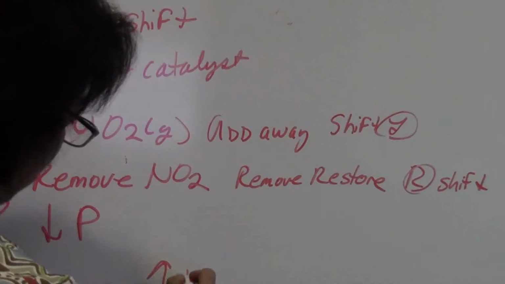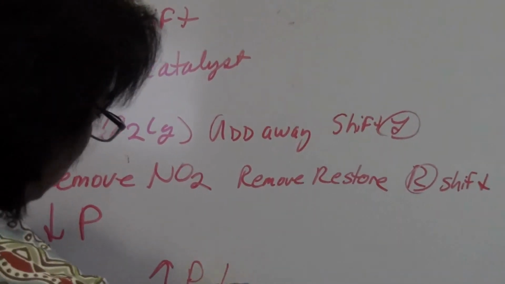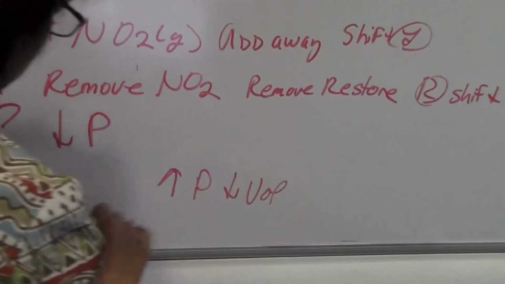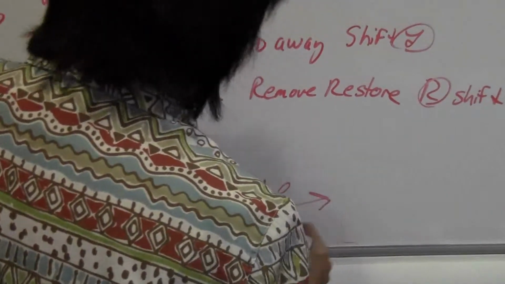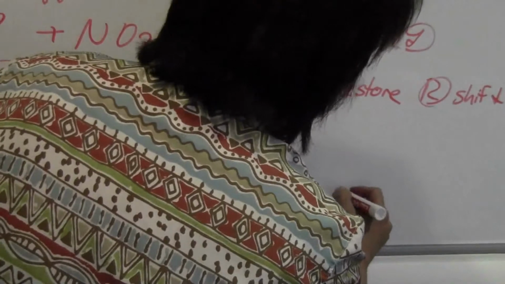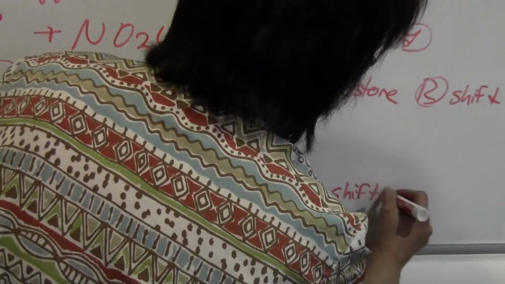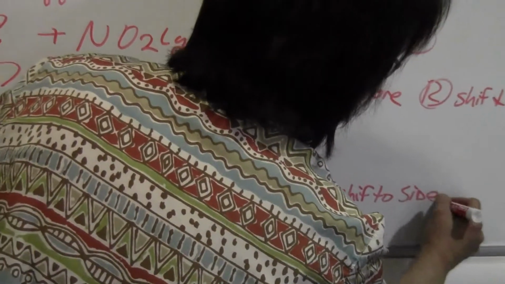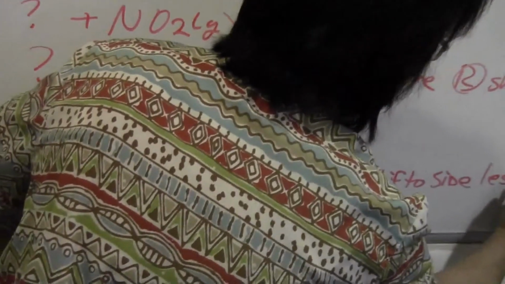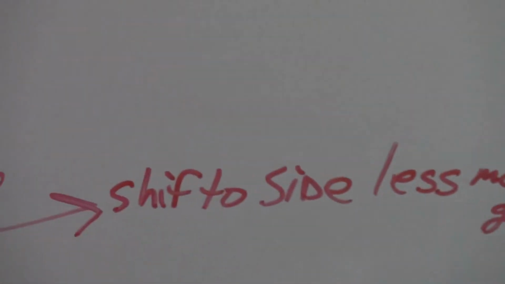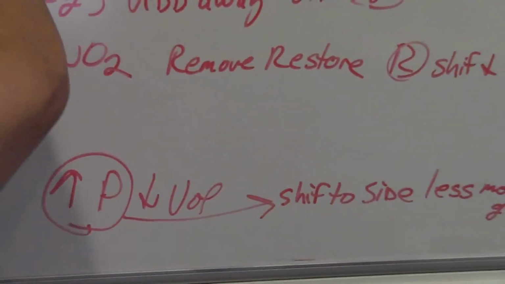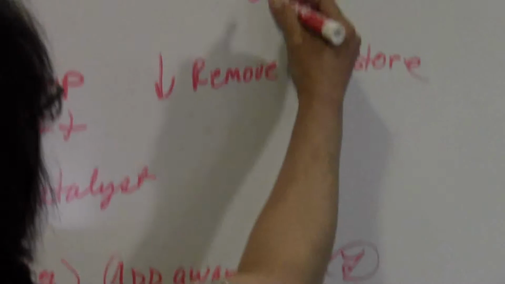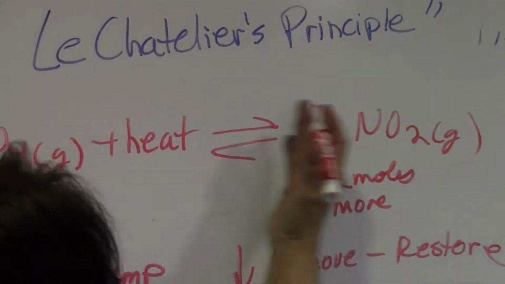And they want to know, what if you decrease the pressure? Remember, increasing the pressure happens when you decrease the volume. And if you increase the pressure, then you're going to shift to the side that has fewer moles of gas. Well, they're not asking that. Adding more pressure would shift away from the side with more moles of gas.